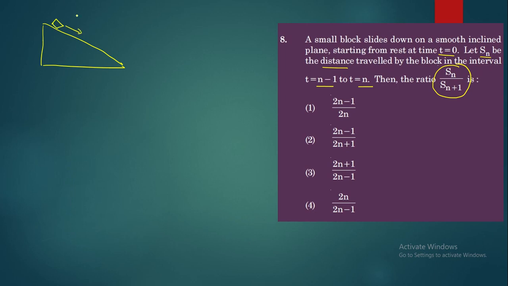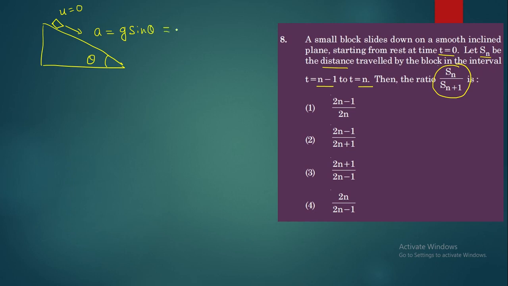When the block is sliding down from rest, the initial speed has to be 0, and it is sliding down because of gravity. So the acceleration experienced by the block on that particular inclined plane is g sine theta. Why am I writing this? This is not required.